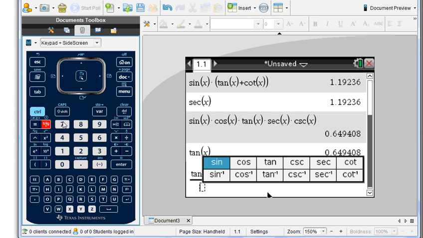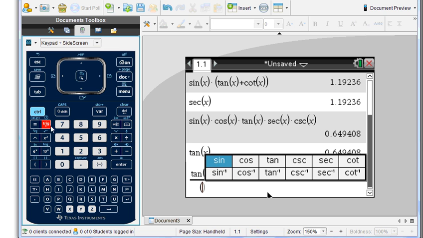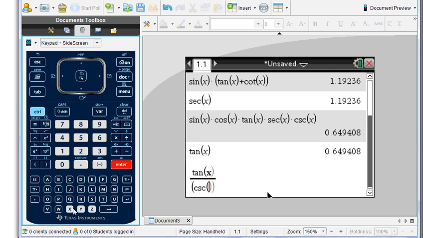So we go to cosecant x, and we'll put squared outside.